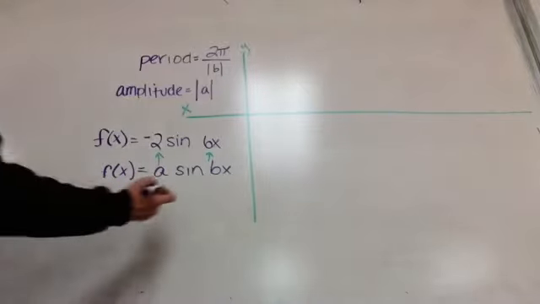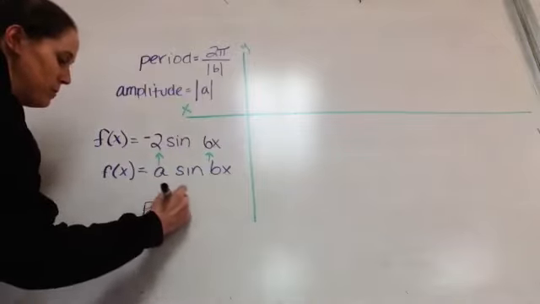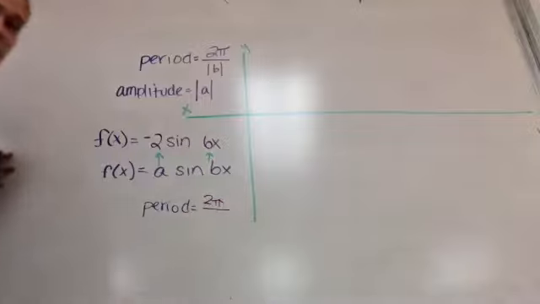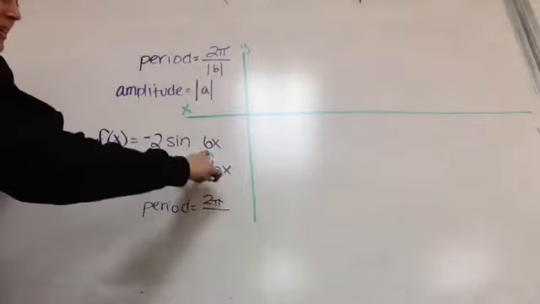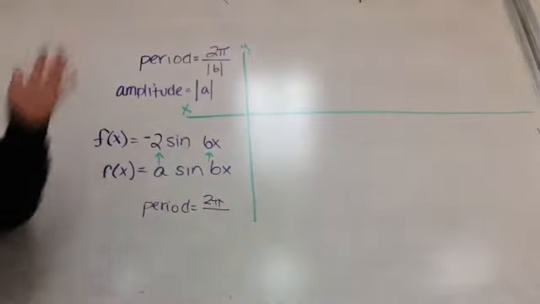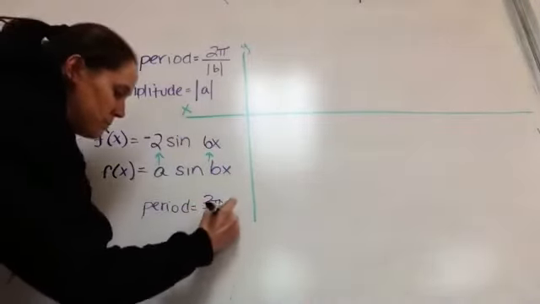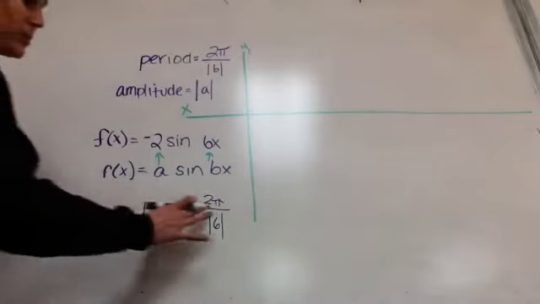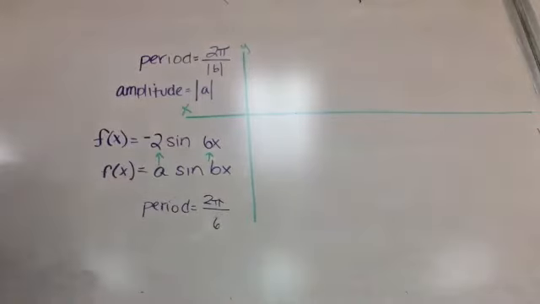And I'm going to use it just right here. So the period is going to be 2 pi over b. And b is 6. It also wants the absolute value of b. So keep in mind, if it's negative, you need to make it positive. Since it's already positive, we already have the absolute value.